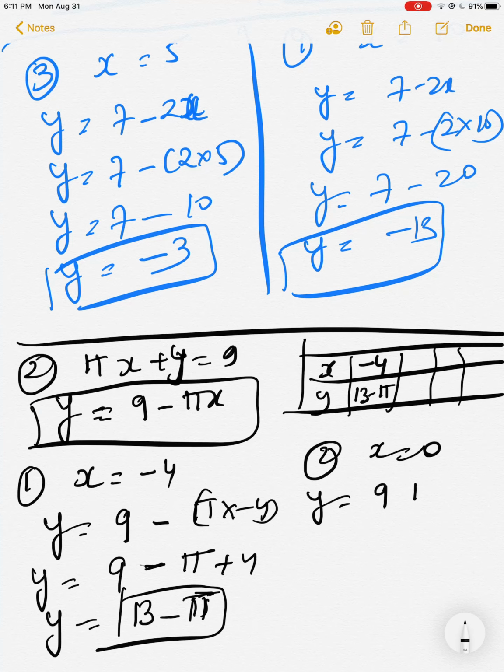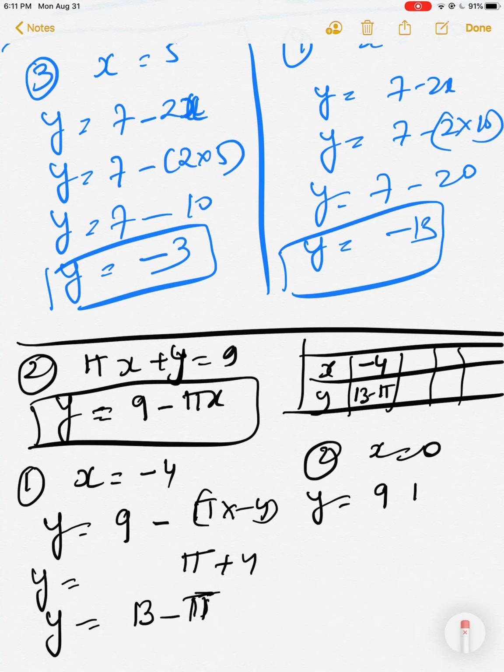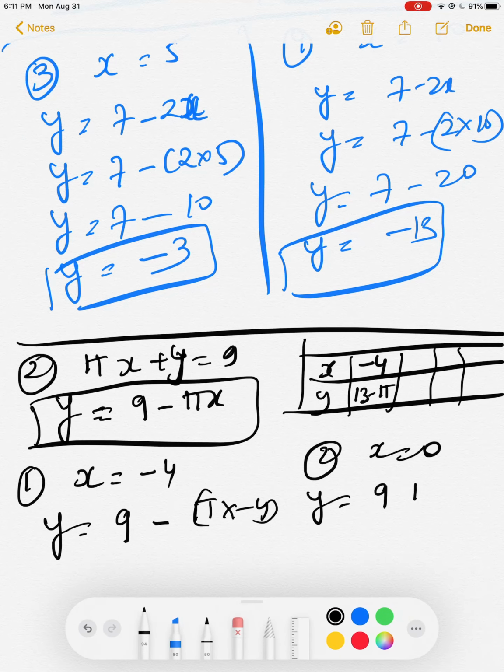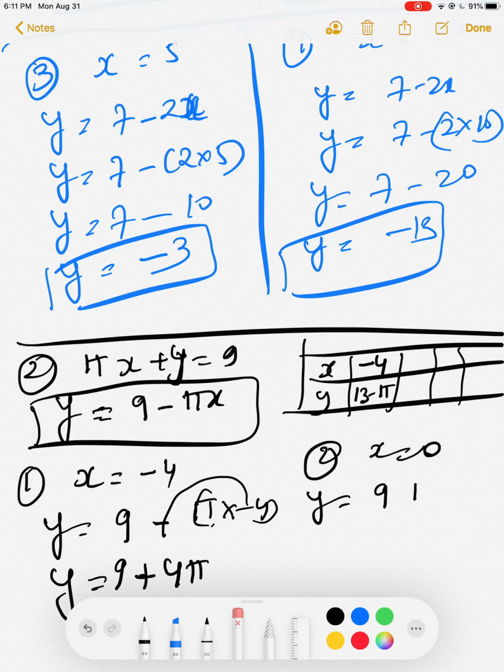Oh, sorry, this is pi into 4. Okay, y is equal to minus, this minus into minus is plus, 9 plus 4 pi.